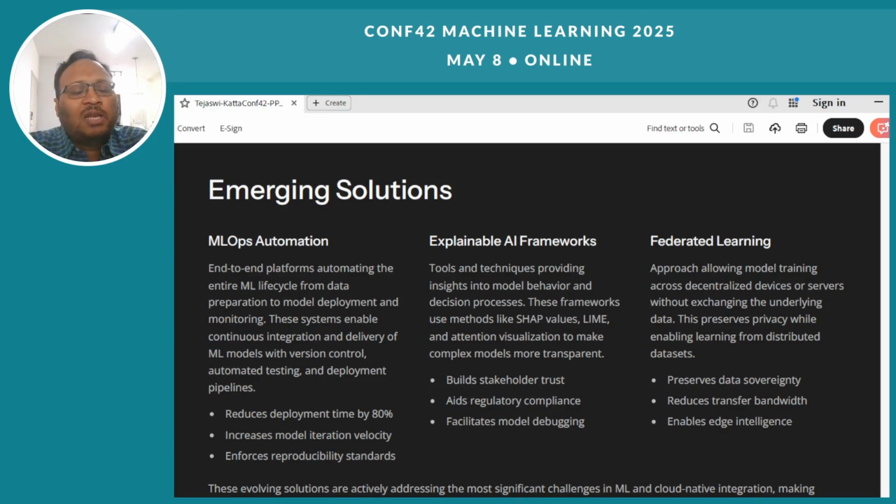Explainable AI frameworks like SHAP and LIME demystify model behavior to build trust and meet compliance requirements. Federated learning lets us train on decentralized data without ever moving it, preserving privacy and cutting bandwidth costs. These innovations make cloud native ML far more accessible.